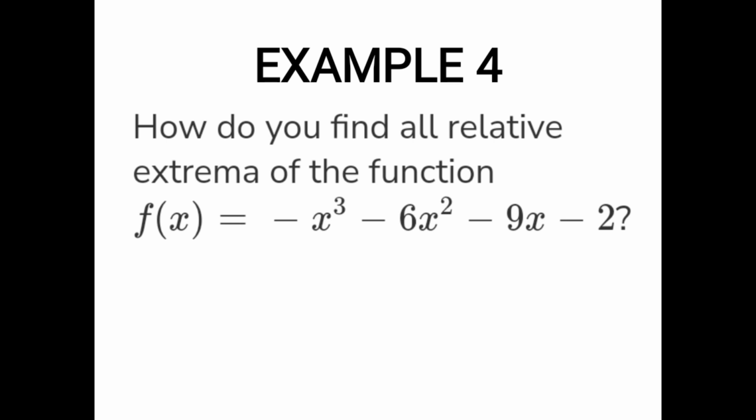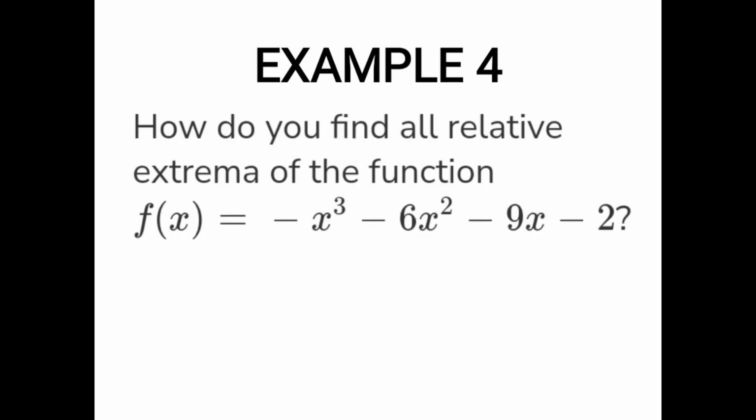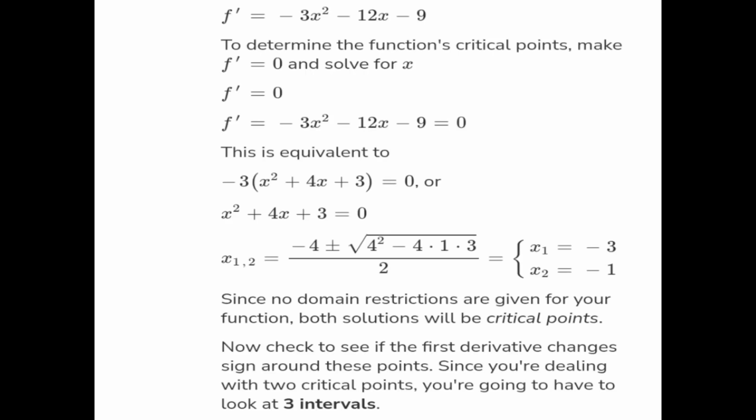Differentiating the first term to have minus 3x squared, the second term to have minus 12x, the third term, we have minus 9, and the fourth term to have 0. Hence, f prime of x equals minus 3x squared minus 12x minus 9.